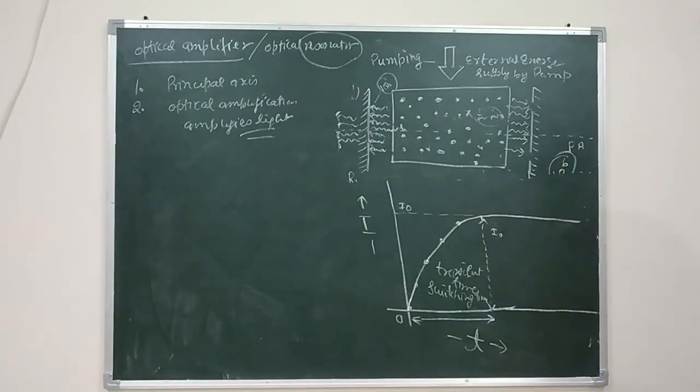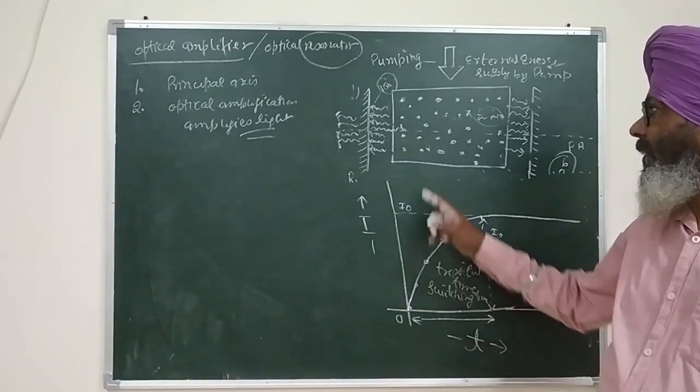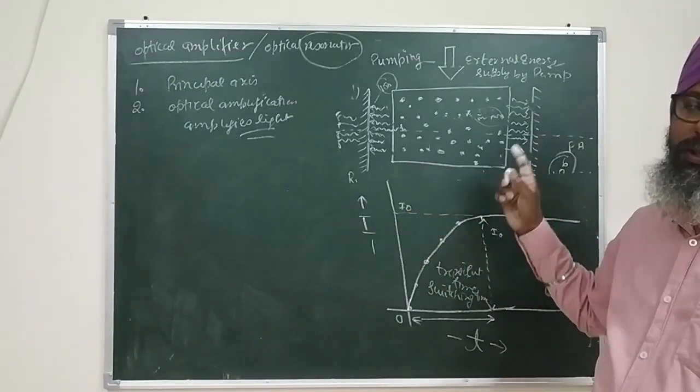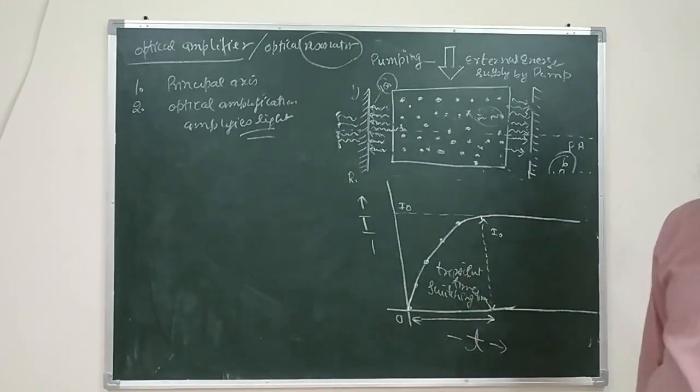So that is a very interesting question. And to explain that, I would just tell you that there is another process of resonance that definitely takes place. That is why its name has been written as optical resonator. In fact, there are modes of the resonator. I will not go into much detail of that because that requires rigorous wave optics calculations.